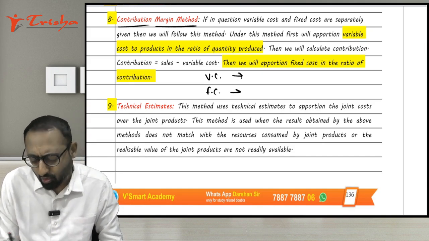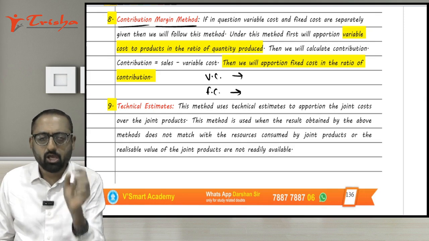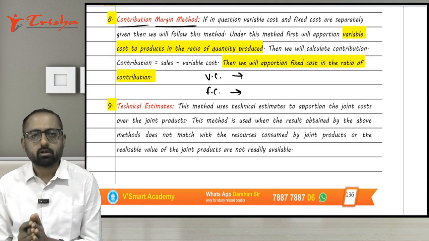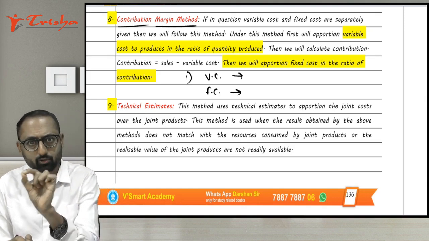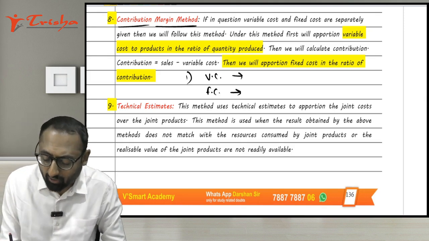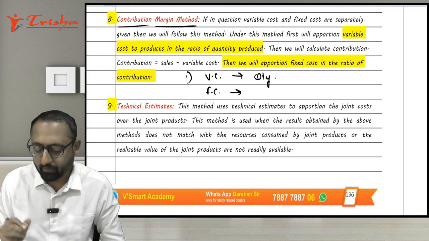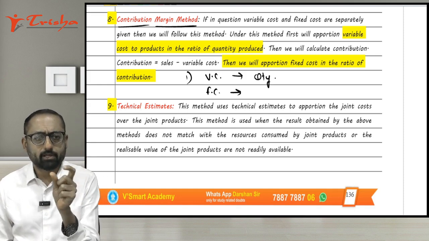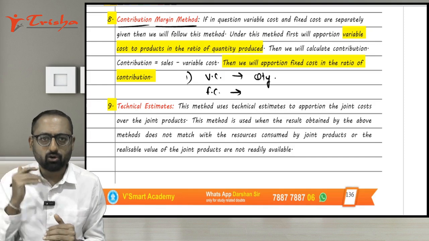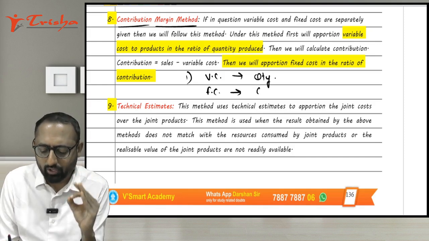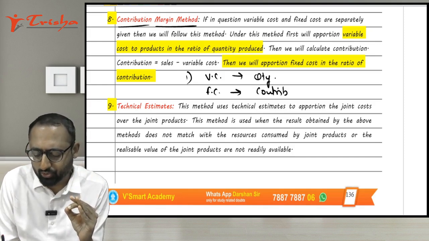So here the contribution margin method is very simple. First of all, variable cost will be allocated to the various products on the basis of quantity, physical output. Then sales minus variable cost will be contribution. So fixed cost will be allocated in the ratio of contribution.